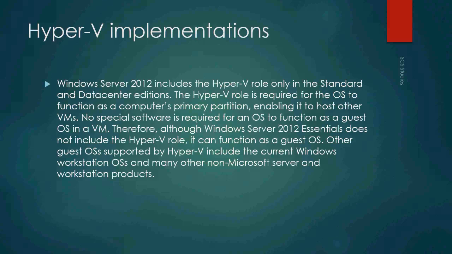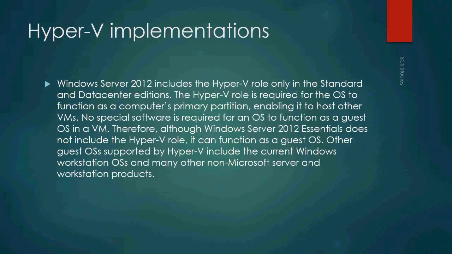Next, learn about the Hyper-V implementations. Windows Server 2012 includes the Hyper-V role only in the Standard and Datacenter editions. So before you plan for the Hyper-V installation, you should know that Hyper-V is only available with two editions: one is Standard and another is Datacenter edition.